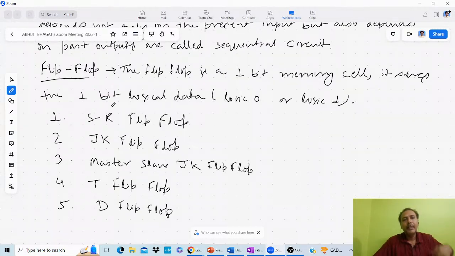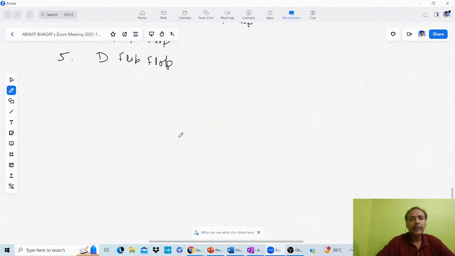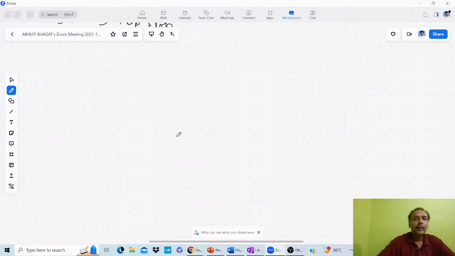So all these flip flops are under the sequential logic circuit: SR flip flop, JK flip flop, master slave JK flip flop, then T flip flop, and then D flip flop. I will discuss all of these flip flops in detail later on. But before that, we will discuss the latches.